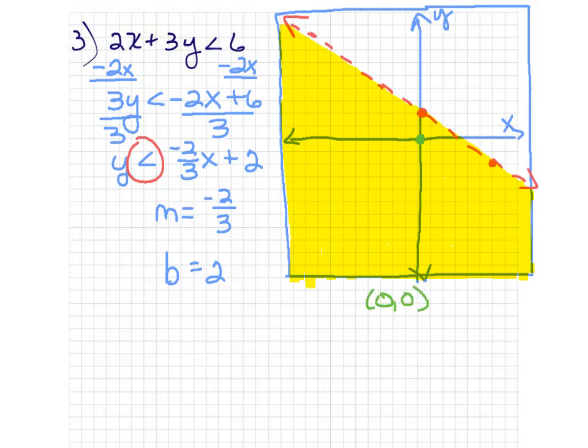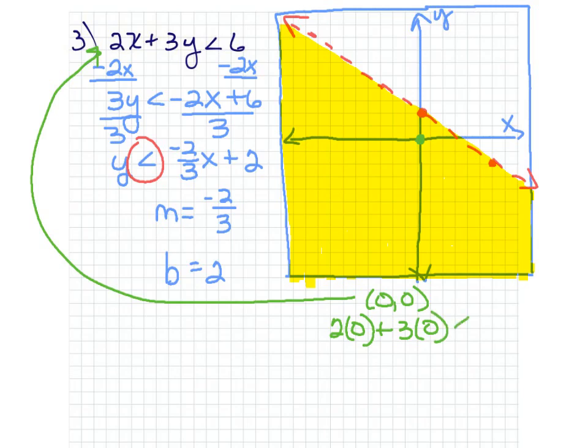We substitute it for x and y in our original inequality. So 2 times 0 plus 3 times 0 is less than 6. 2 times 0 is 0 plus 0 is 0. Is 0 less than 6? The answer is yes.